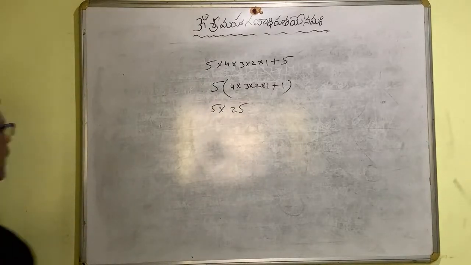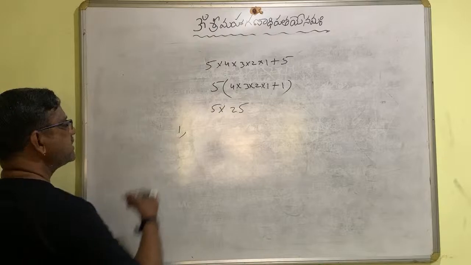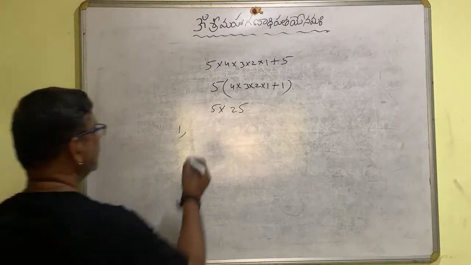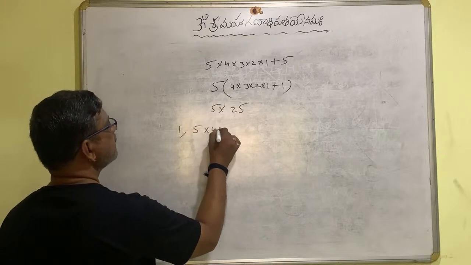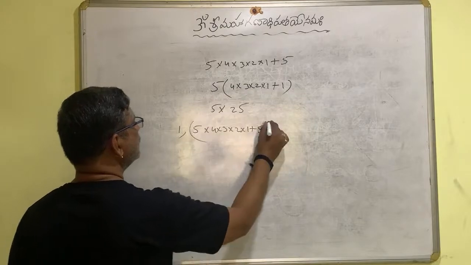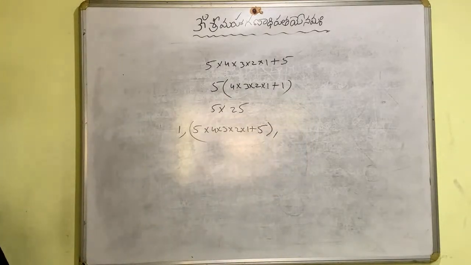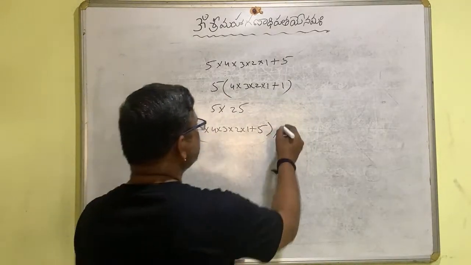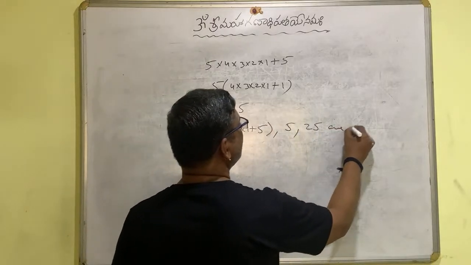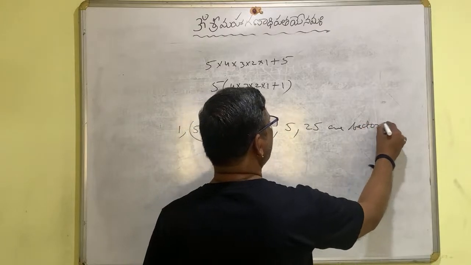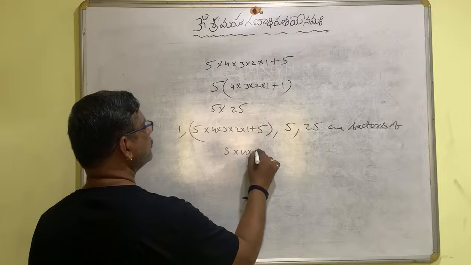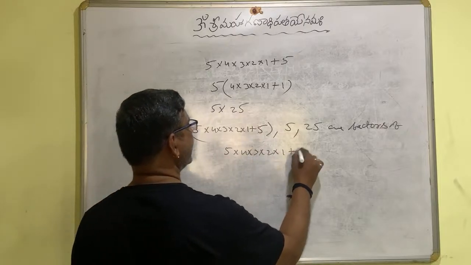Now as I told, 1 is a factor of every number and the number itself is a factor, and 5 is another factor, 25 is another factor. 1, the number itself, 5, 25 are factors of 5 into 4 into 3 into 2 into 1 plus 5.